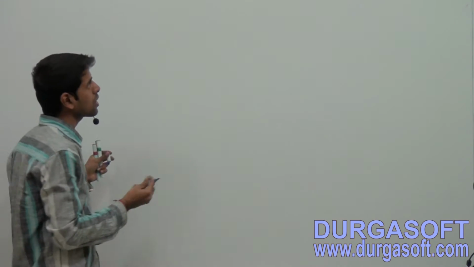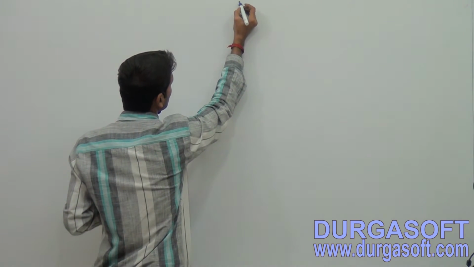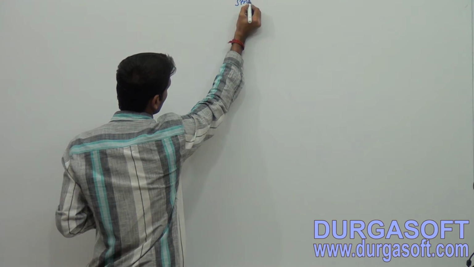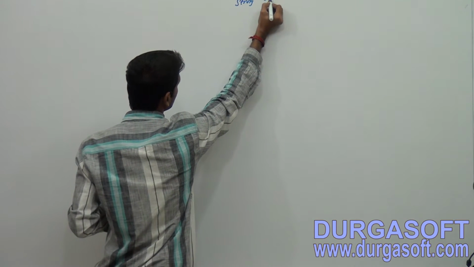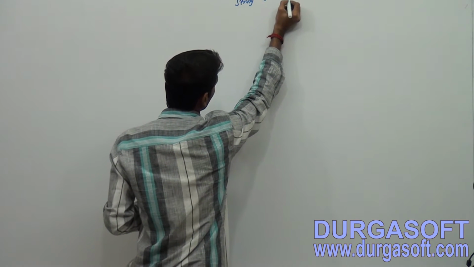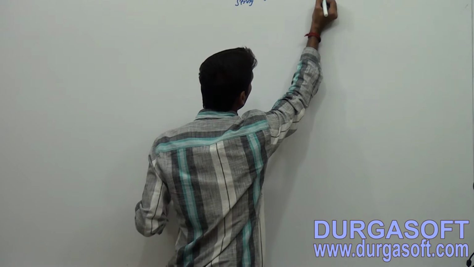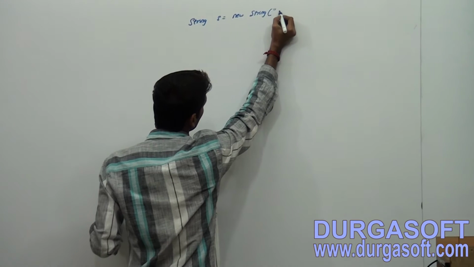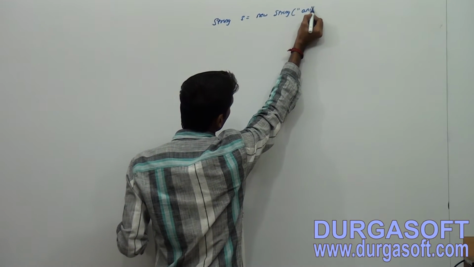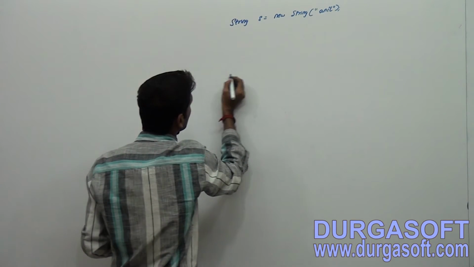So let's talk about the first example here. Let me take a string s equals new String of Anil.